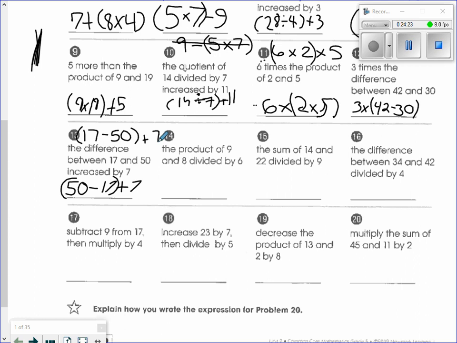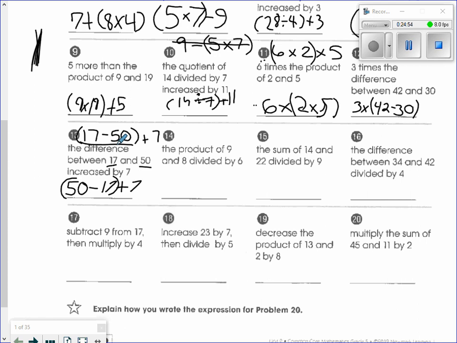It'll give you a negative. We don't do negatives in 5th grade. So if you wrote it like this, you weren't paying attention, and you just wrote numbers down. You went, oh, this number's first, this number's second, I'm going to write it like that. That would give you a negative 33. You have to pay attention to what you're doing.